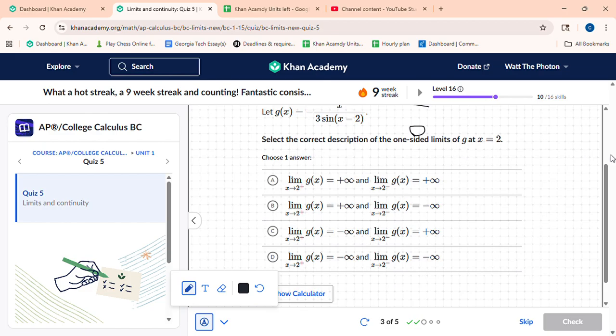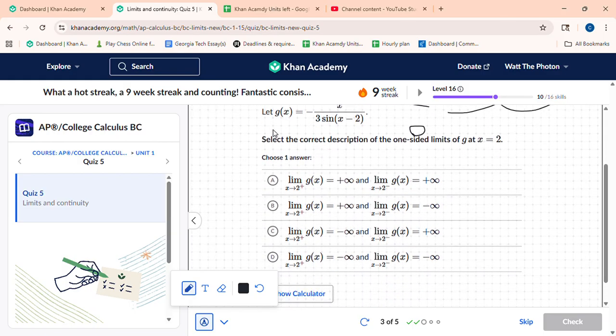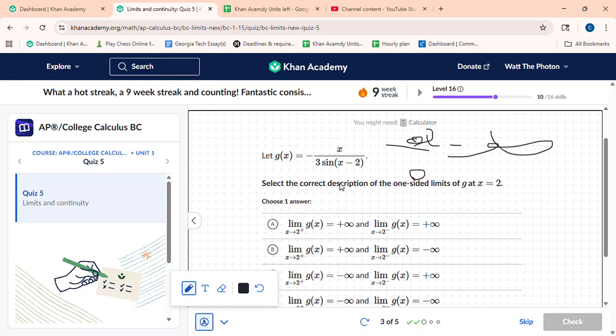Right. 0 over a number, so I guess infinity. That'd be negative infinity. Yeah.